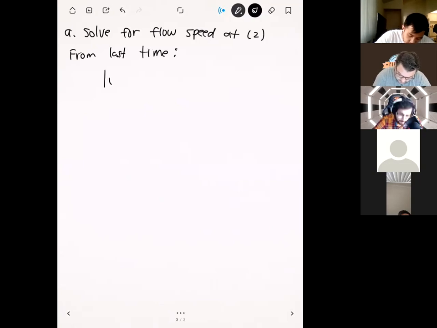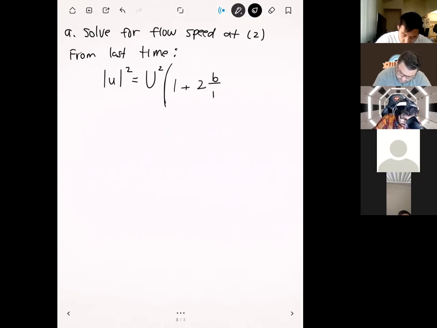So we had speed squared. Remember, speed is just nothing more than the magnitude of the velocities. So this is equal to big U squared, where big U, remember, is the strength of the uniform flow. And so this big U in this case is going to be 40 miles per hour. Okay, so that's 2 times B over R cosine theta plus B squared over R squared.